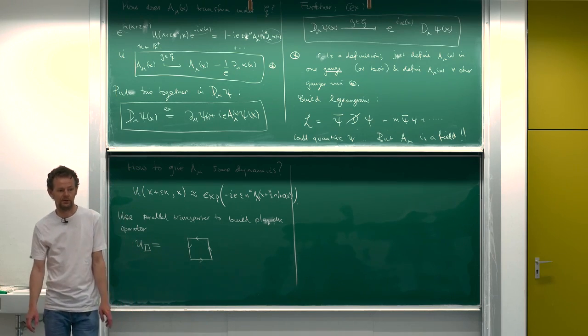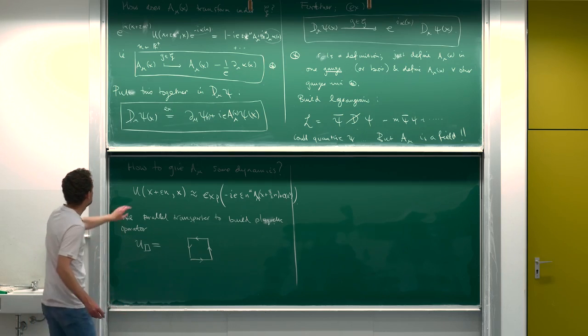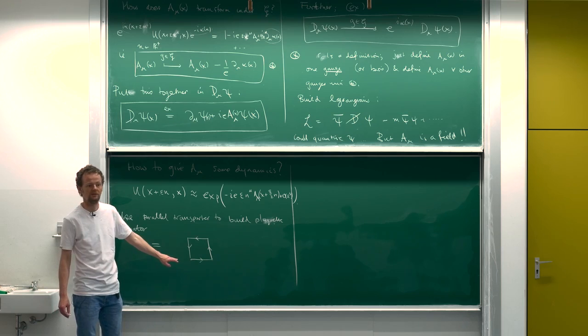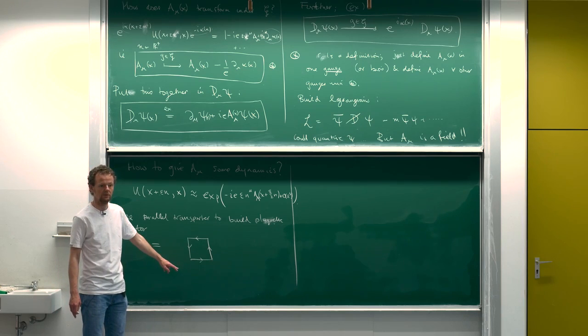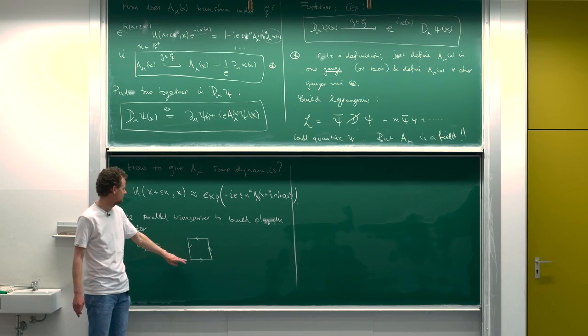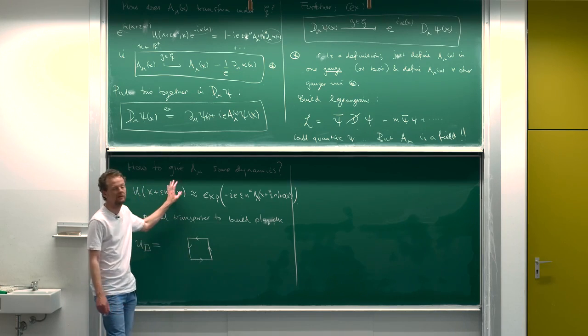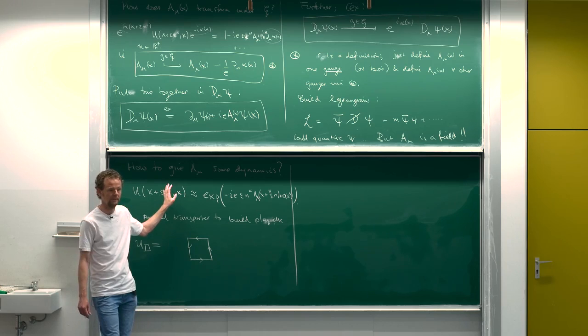So on this round trip, we had to use this parallel transporter to carry out these steps. But we know that what we started with has to transform in the same way as what we ended with, because that's just the way this thing transforms.